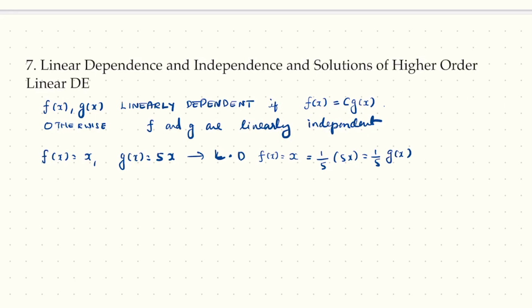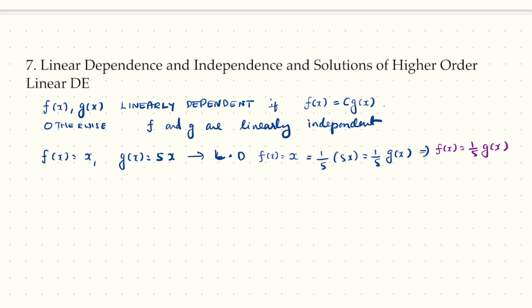So f of x is 1/5 of g of x, and therefore these two functions f and g together are linearly dependent.